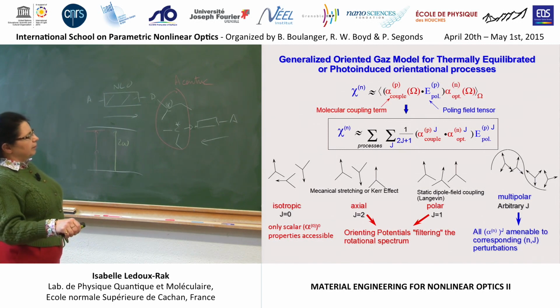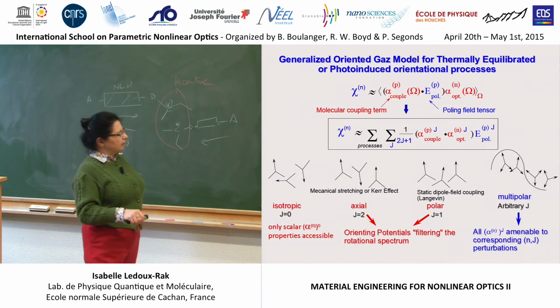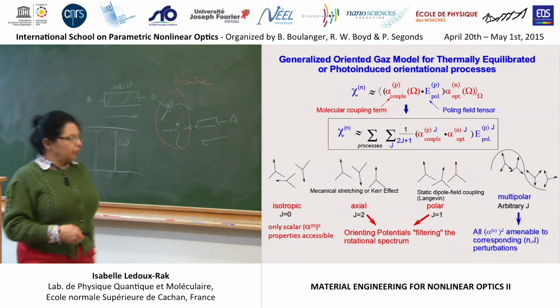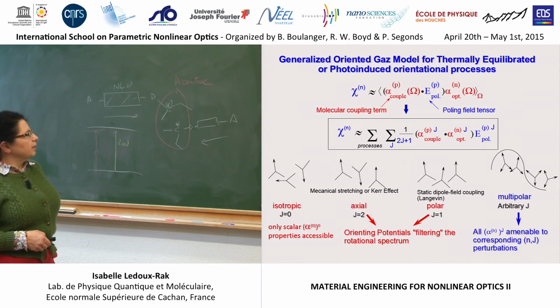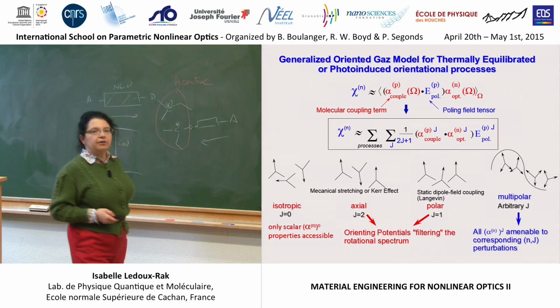J equal 1 will be a vector, the poling field tensor is only a vector, but for J equal 3 it is a 3-rank tensor, and so on. So we can play this game on any arbitrary J components of the tensors. You can play also on cubic nonlinear hyperpolarizability if you want.